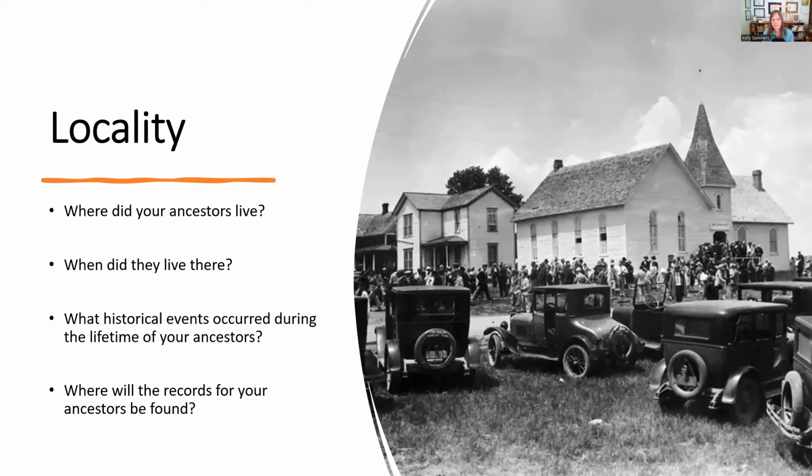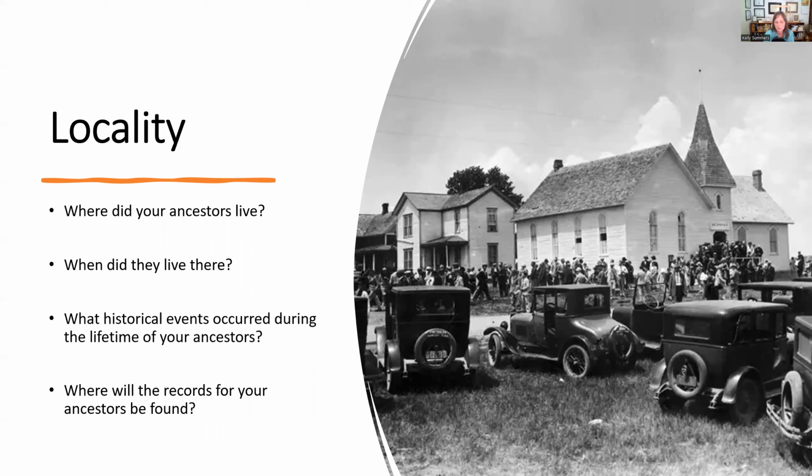Okay, let's get down to our research. This first slide has to do with locality. Now, beginning this series, I usually recommend that you focus on one family in your family tree, and that family lives in the 1800s. The reason I do that time frame is a lot of the records for the 1800s are online.